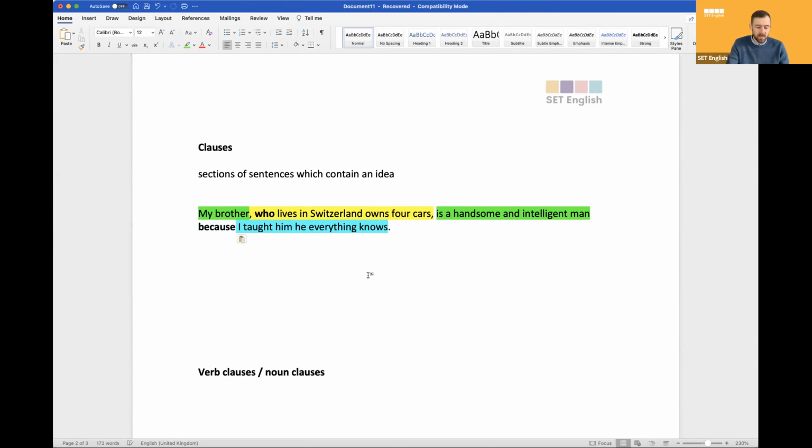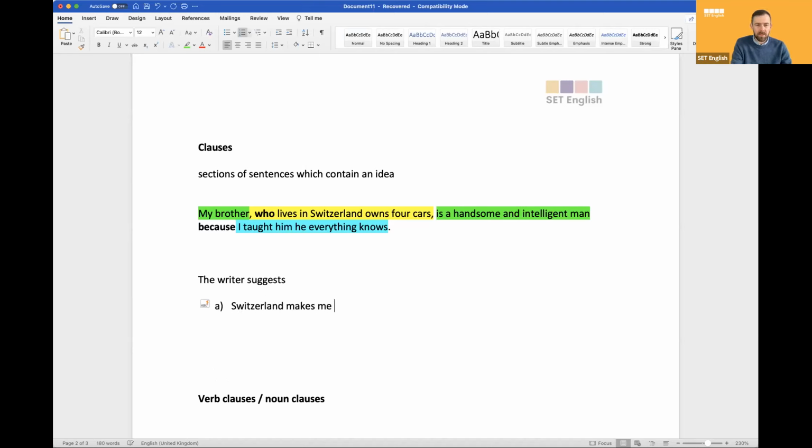So the question would say something like this: the writer suggests, and then you'd have option A, Switzerland makes people happy. Oh, sorry, makes people intelligent. Or it might say B, the writer suggests his brother owns enough cars.